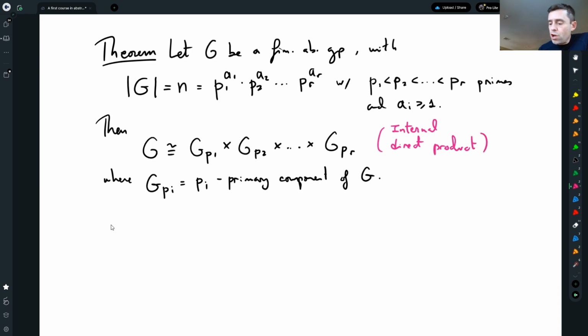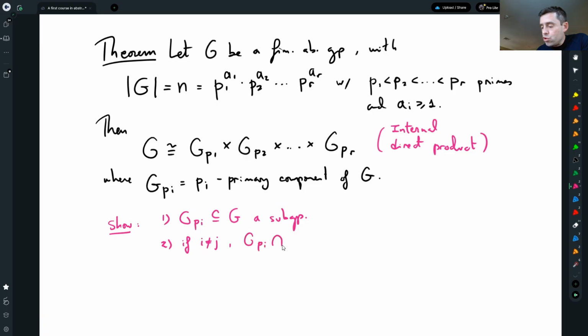So what we have to show is, one, that each one of those is a subgroup. We have done just that a moment ago. We've proved that p-primary components are subgroups. Two, we need to show that their intersections, if i is not j, are just trivial.